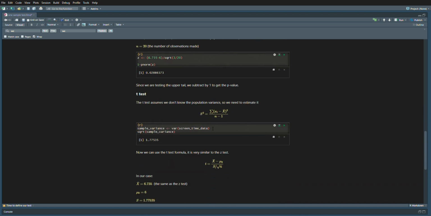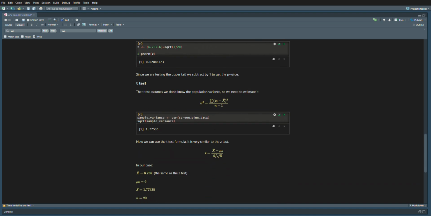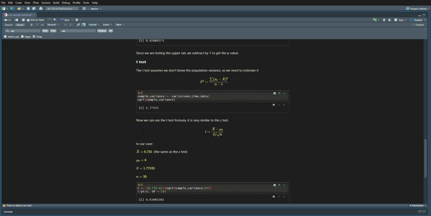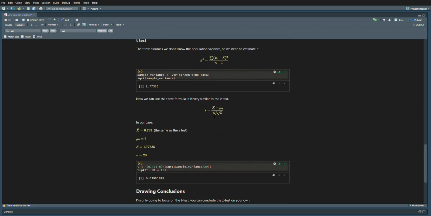Moving on to the t-test, we assume the population variance is unknown, so we need to estimate it using this formula, S, and in R there's a function that you can call to estimate it, but you can also try and plug this formula in if you want to just double check it. But we get this as our estimated population variance, and then we can plug it into the t-test formula, which is very similar to the z-test.